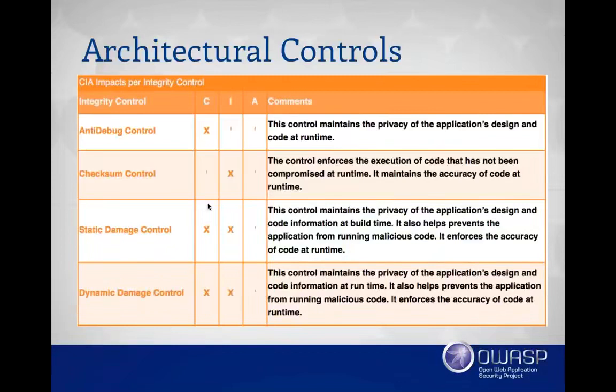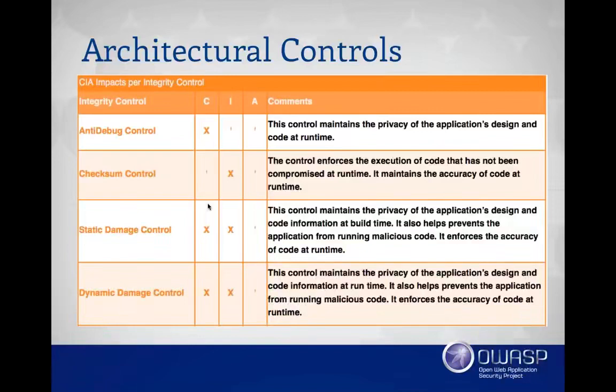Anti-debug controls basically ensure that somebody can't insert a debugger within your process at a particular time and then go to town inspecting control flow. This is a very difficult problem unto itself. There's a whole host of different ways of trying to be clever about getting around debugger detection algorithms. So that's an interesting one.